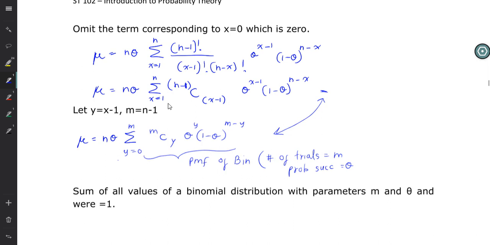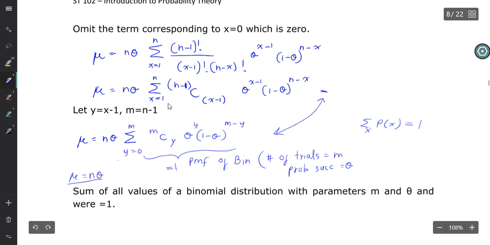And if you take y from 0 to m, that means all possible values of y, this is the total probability and this goes to 1. This is the sum of p of x for all x's, which is the total probability 1. So this whole thing becomes 1, which means your mean is n times theta. That is how you prove that the mean of the binomial distribution is n times theta.